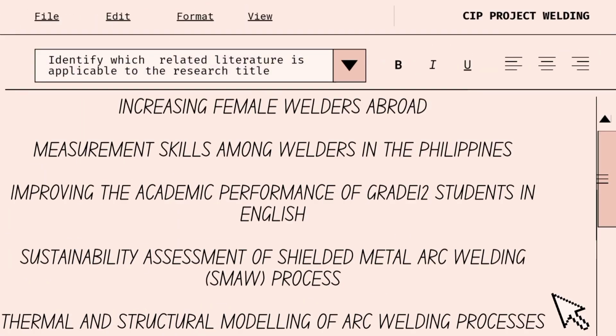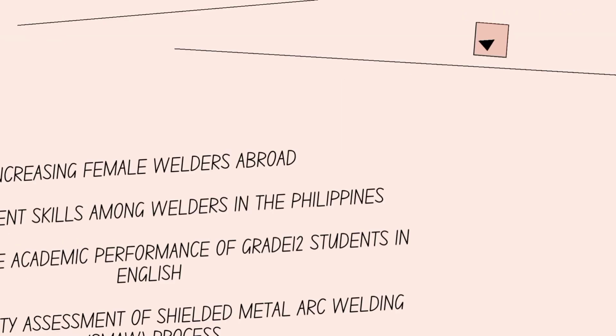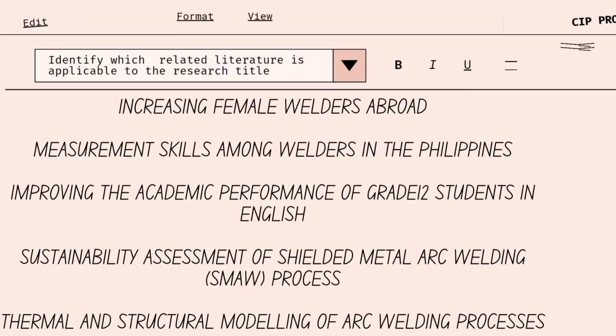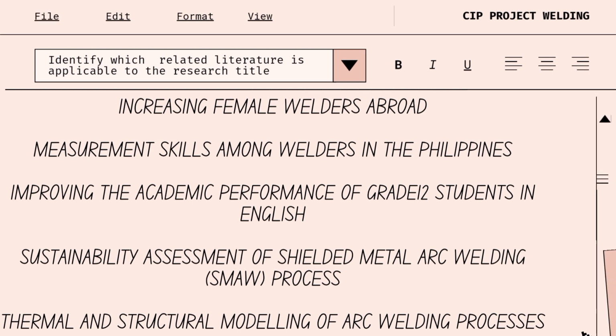Now, at this juncture, I want you to identify which of the following review of related literature is applicable to the research title that we have just talked about. We have here, number 1, increasing female welders abroad. Number 2, measurement skills among welders in the Philippines. Number 3, improving the academic performance of the grade 12 students in English.